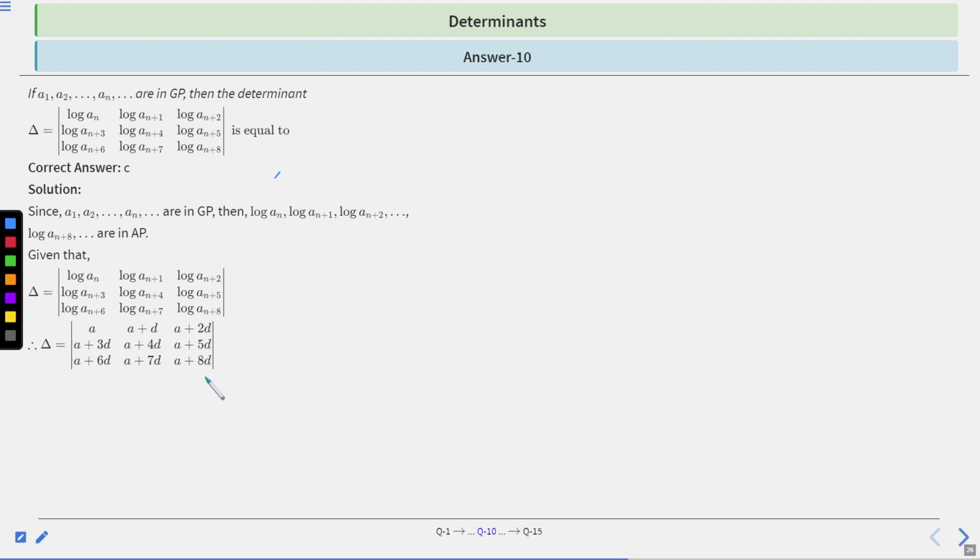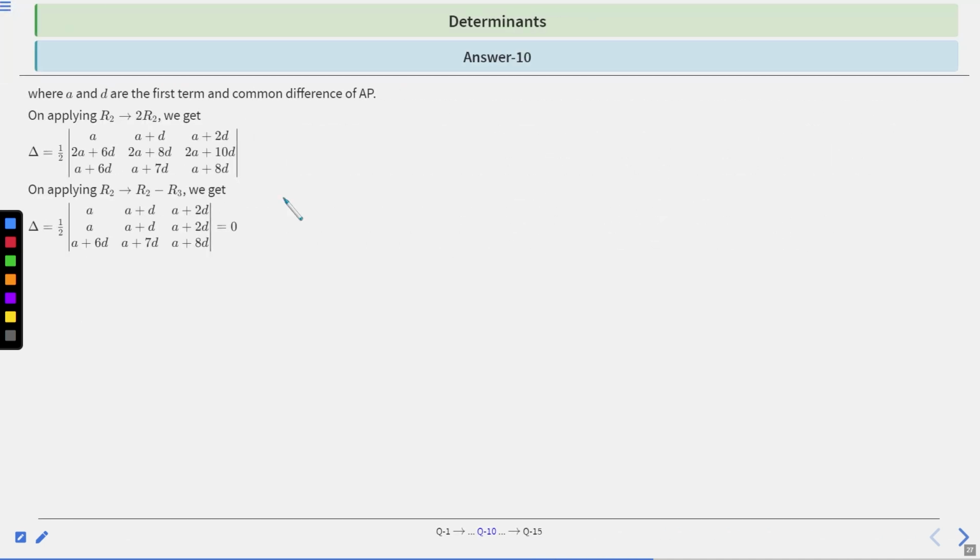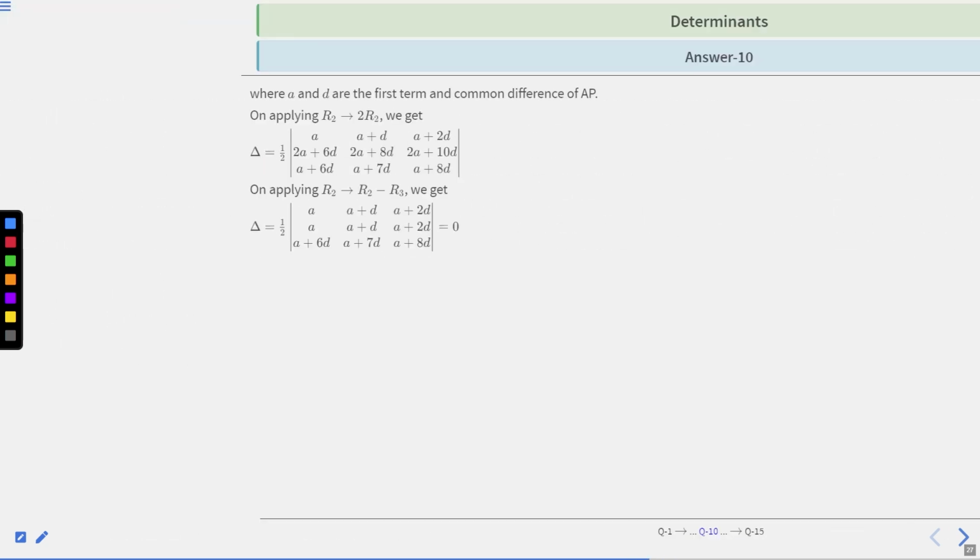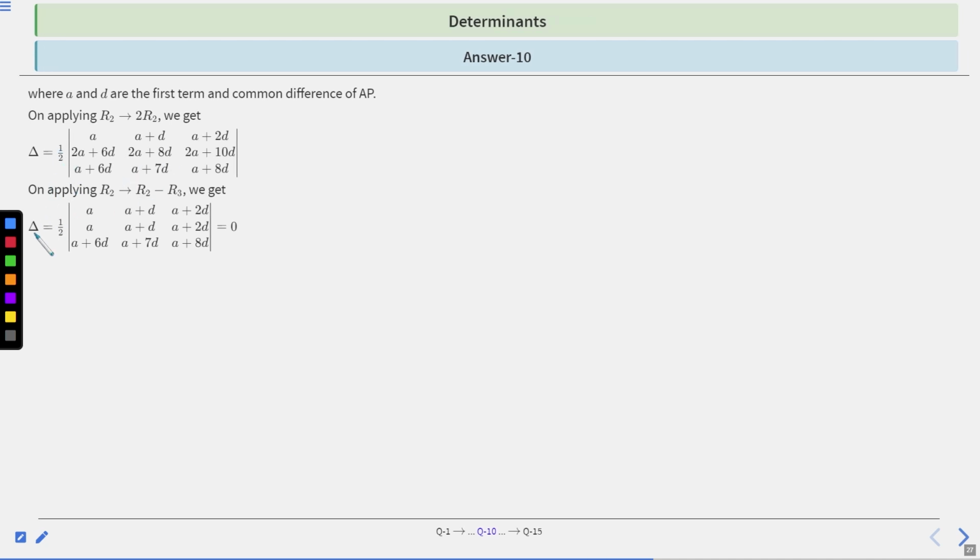Similarly, log A(N+8) is equal to a plus 8d, where a and d are the first term and common difference of the AP. Now apply R2 goes to 2R2, and divide it by 1 by 2. Clear?